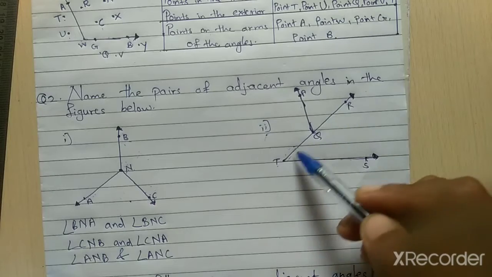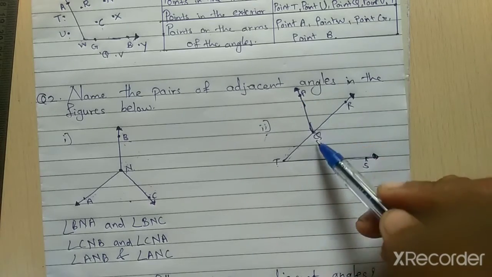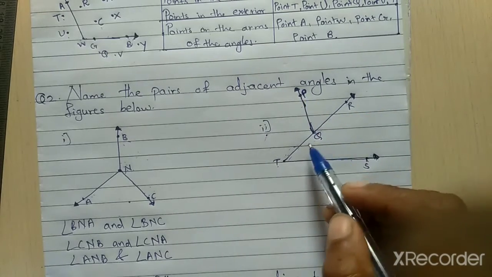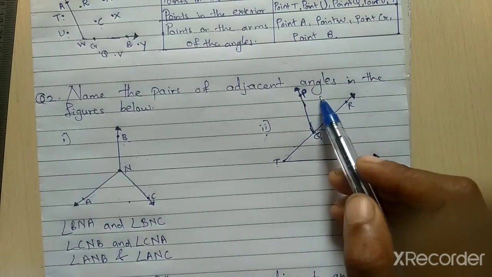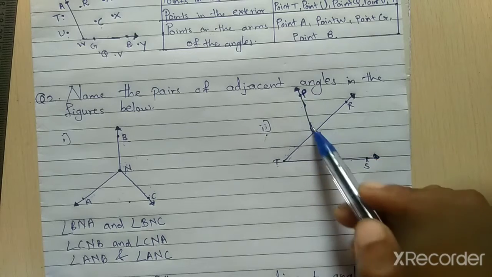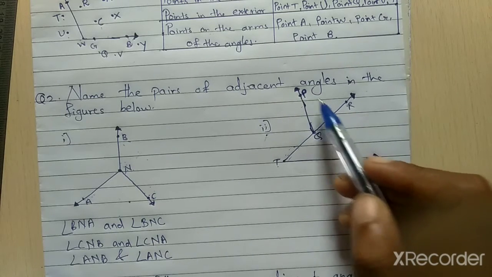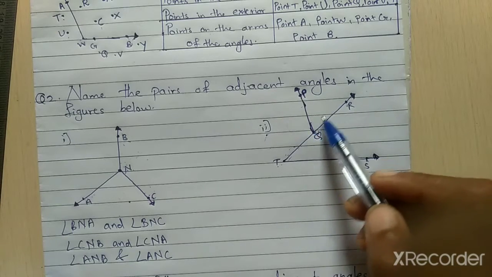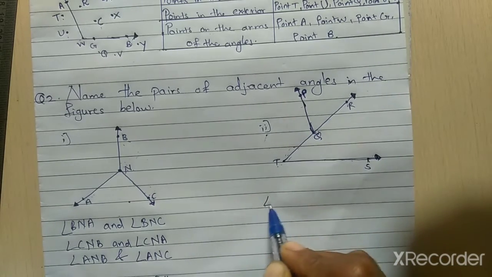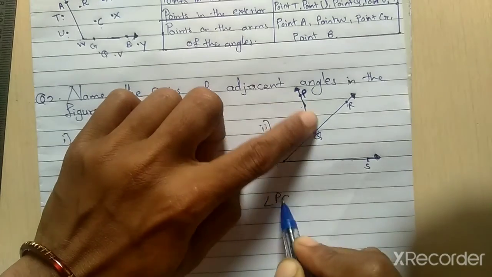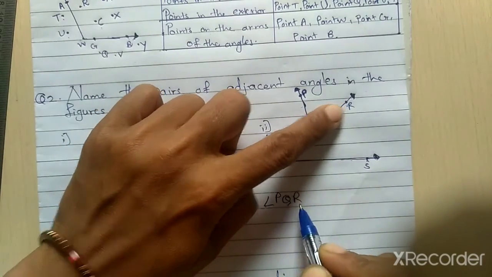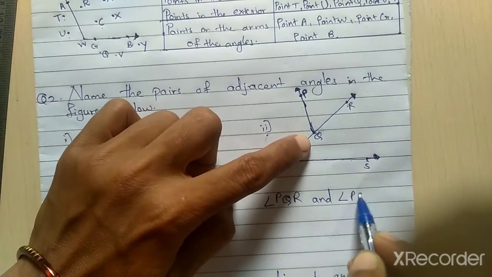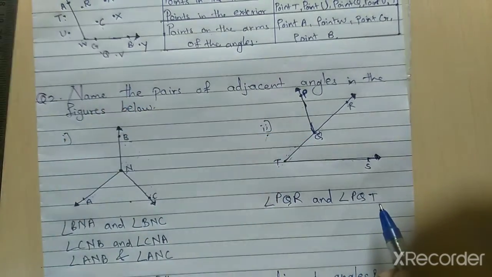These are two different angles. The common arm is PQ, and two separate interiors: PQR's interior is this one and PQT's interior is here. So this is one more pair, angle PQR and angle PQT. Okay.